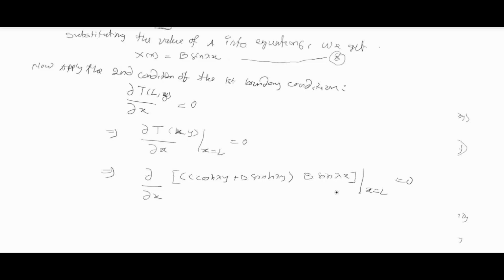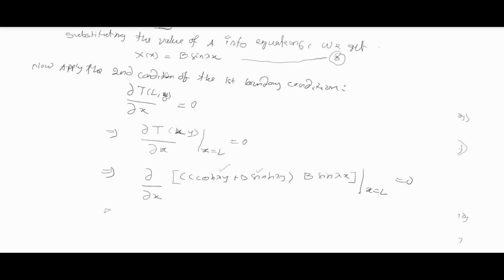Now, when we differentiate a function with respect to x, the functions of other variable are considered as constants. That means this is a constant, this is also a constant. So let us take this constant b and all these things out. Only this will be differentiated.